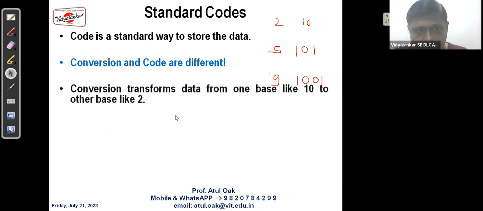Conversion transforms data from one base like decimal to another base like binary.